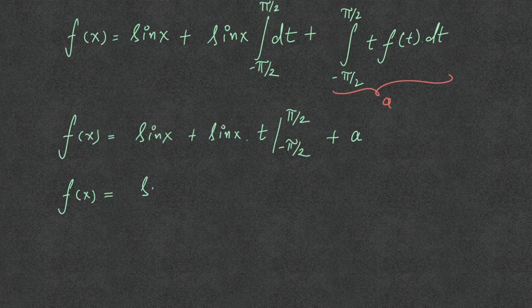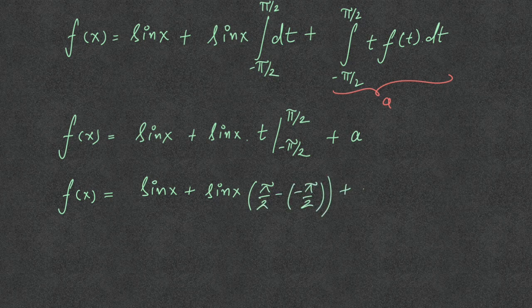This becomes sin x plus sin x applying the upper bound, which is pi by 2, minus the lower bound, which is minus pi by 2, plus a. So f(x) is equal to sin x plus pi sin x plus a.